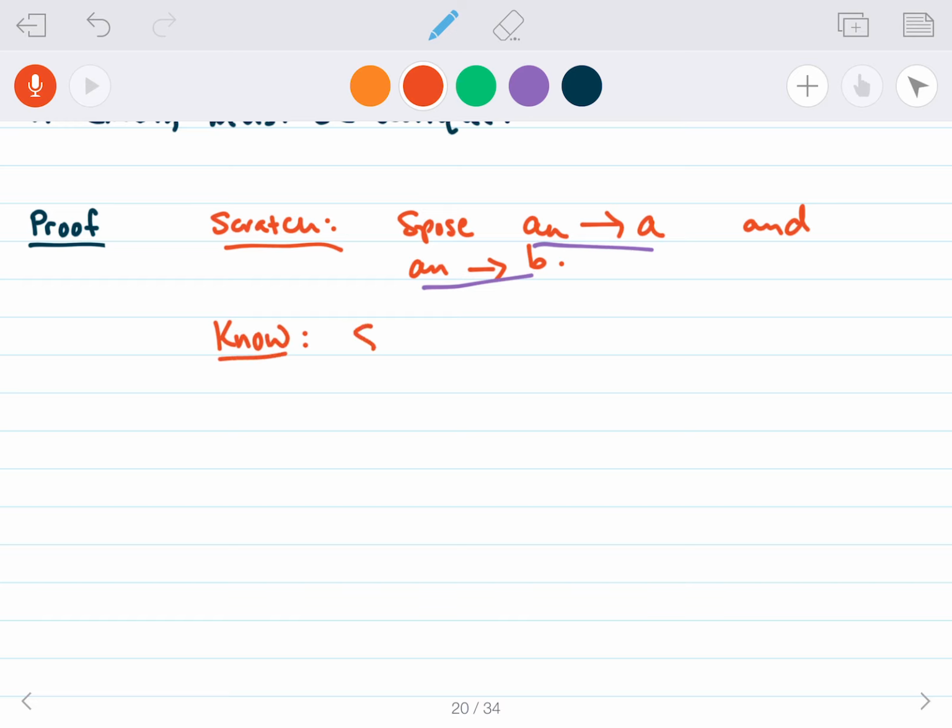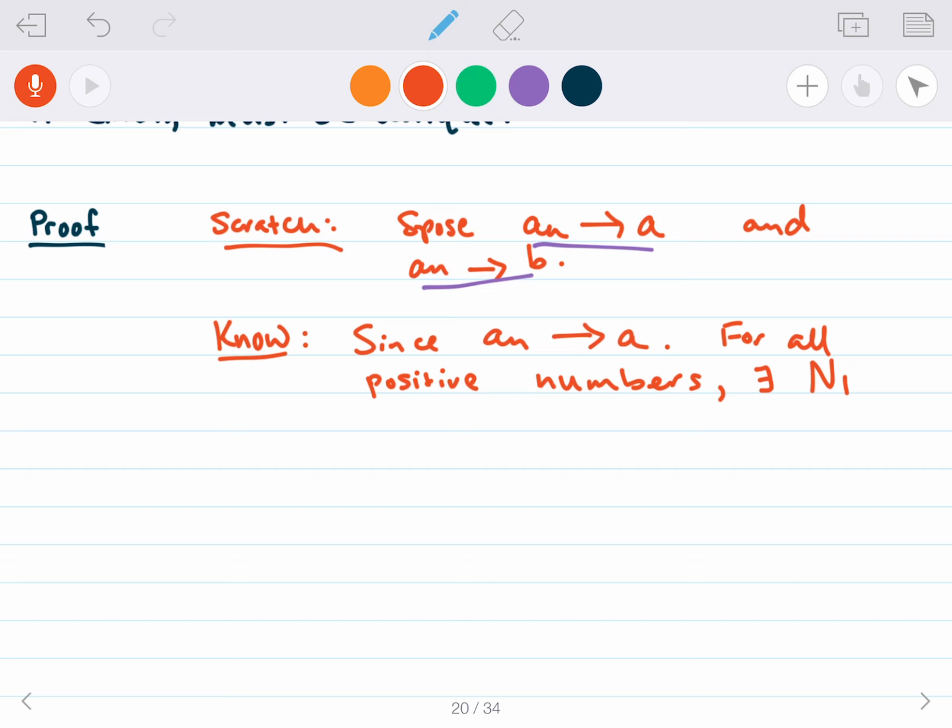We know that since a sub n converges to a, for all, and I'm not going to write epsilon here, I'm just going to say, for all positive numbers, there exists capital N1 such that n bigger than N1 implies that the absolute value of a sub n minus a is going to be less than the real number that we choose.